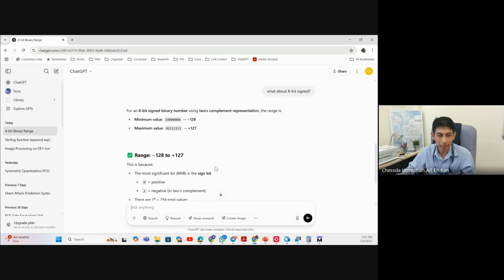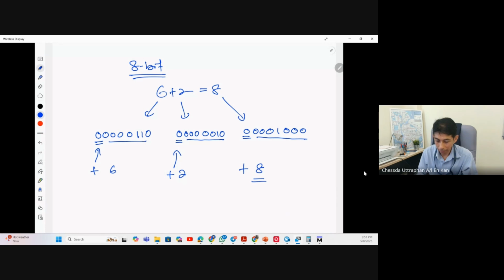Okay, the range is from -128 to +127. This is the minimum number that you can use if your system is 8-bit, -128, until the biggest one is +127, right?